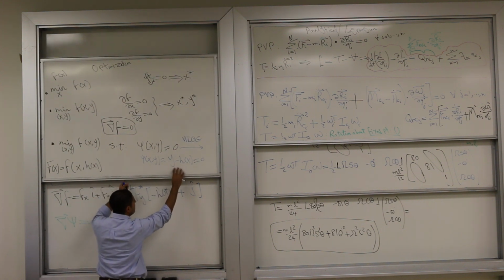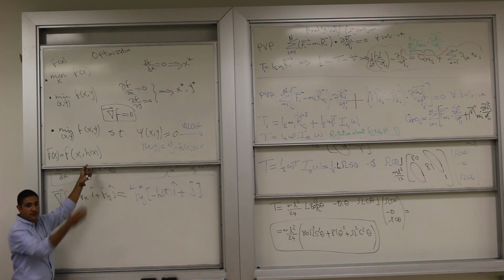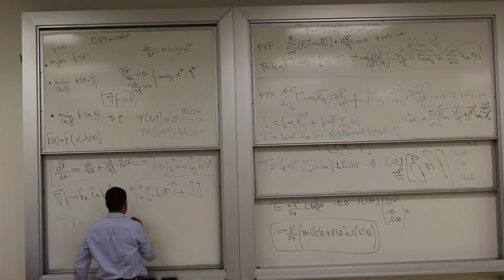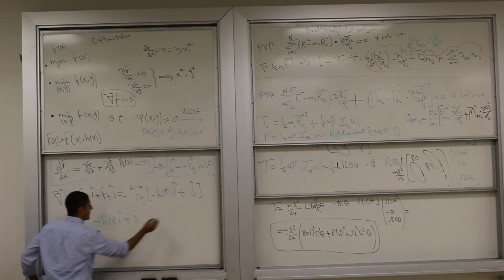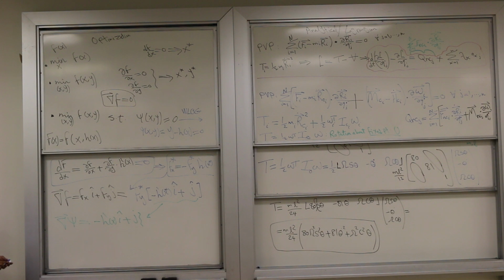Here is your psi of x and y. What is the gradient? Differentiate with respect to x, you get negative h prime in the i. Differentiate with respect to y is just 1. Right? What about this? What do you get from these two equalities?